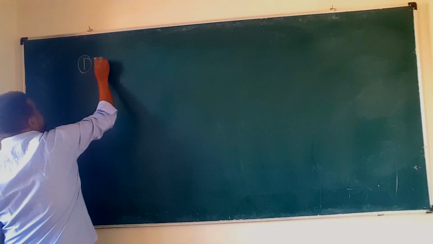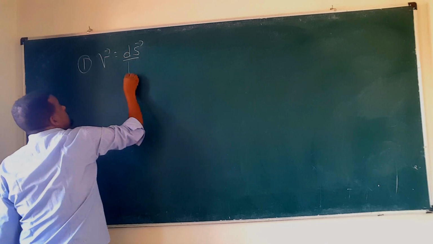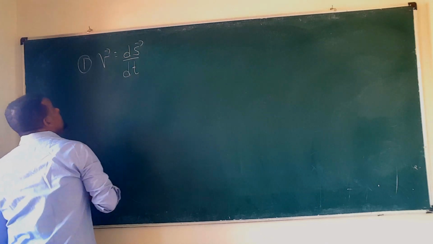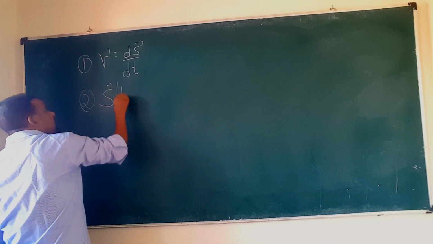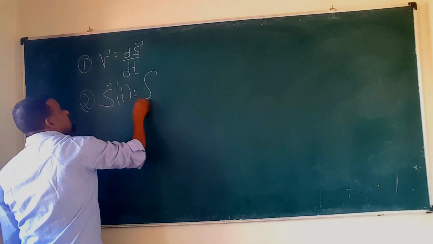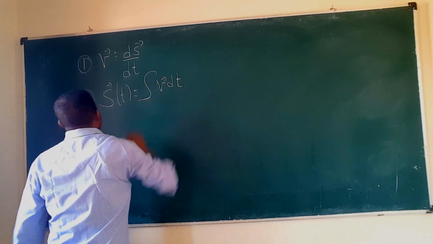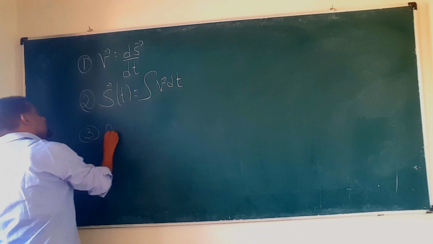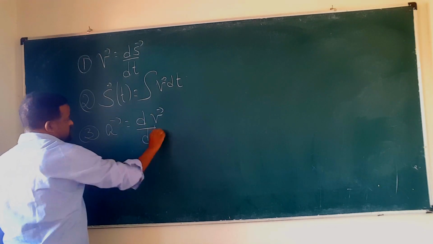The important formulas: 1, velocity is given by the derivative of the displacement function with respect to, of course, dt. Second, the displacement as a function of t is given by the integral of that velocity with respect to t. The third one, you know that acceleration is the derivative of that velocity with respect to t.